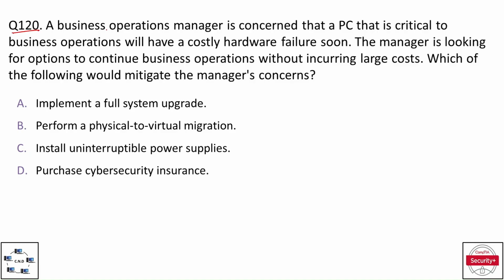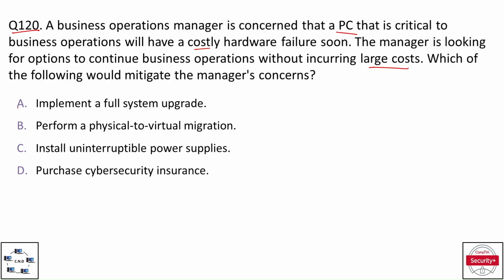Question number 120. A business operations manager is concerned that a PC that is critical to business operation will have a costly hardware failure soon. The manager is looking for options to continue business operations without incurring large costs. Which of the following would mitigate the manager's concerns?